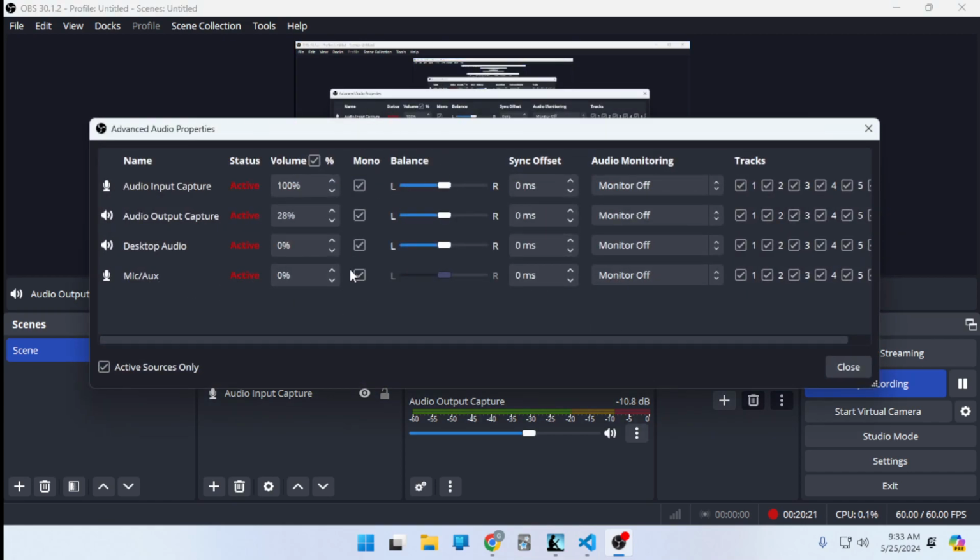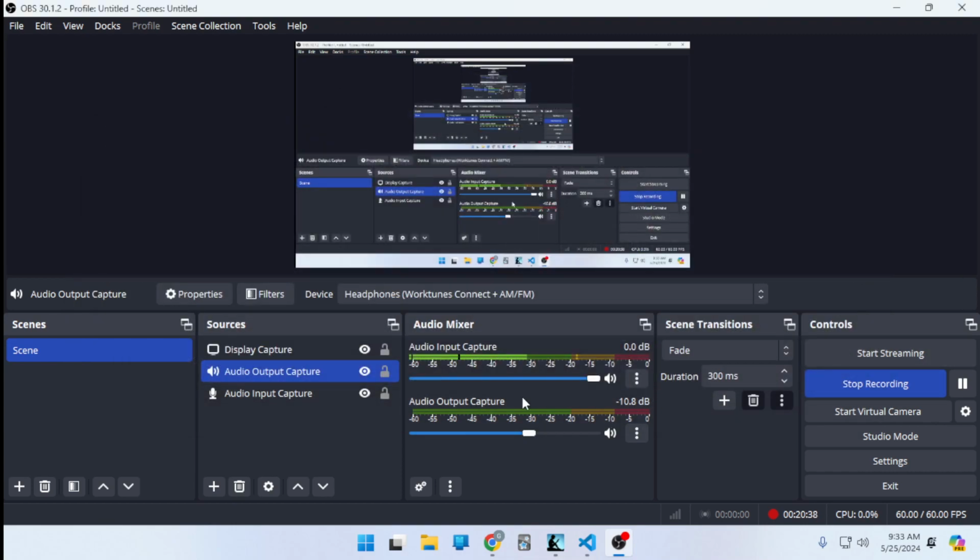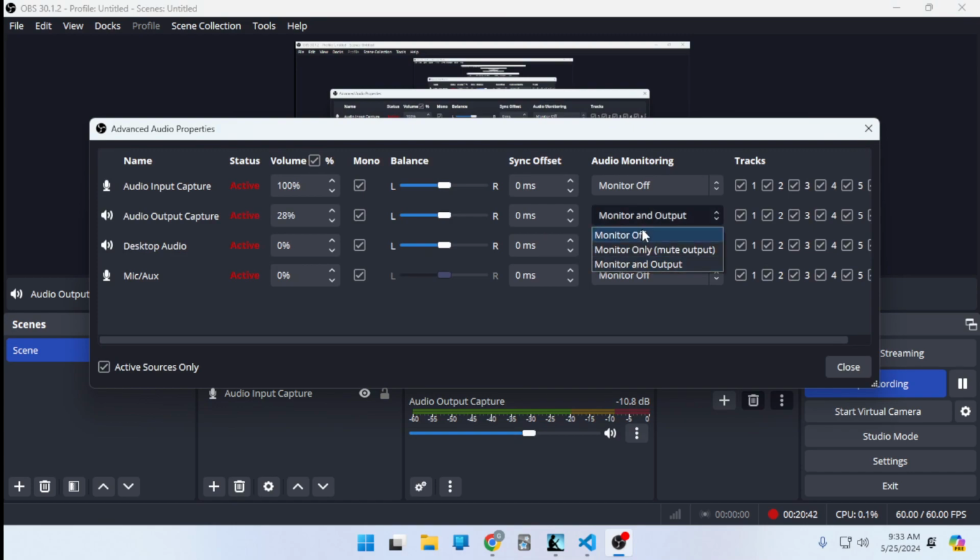So it's the output that we're working with. Let's do monitor only. Let's do monitor and output. Close. See if that makes a difference. It did not. So we'll change this to monitor off.